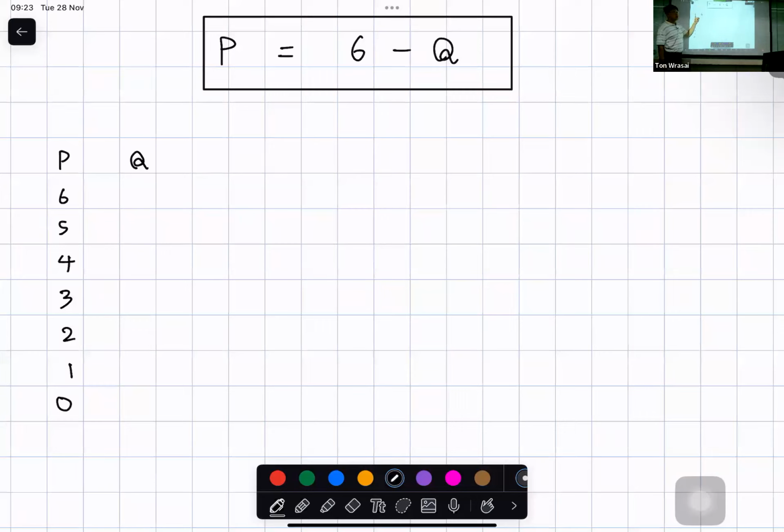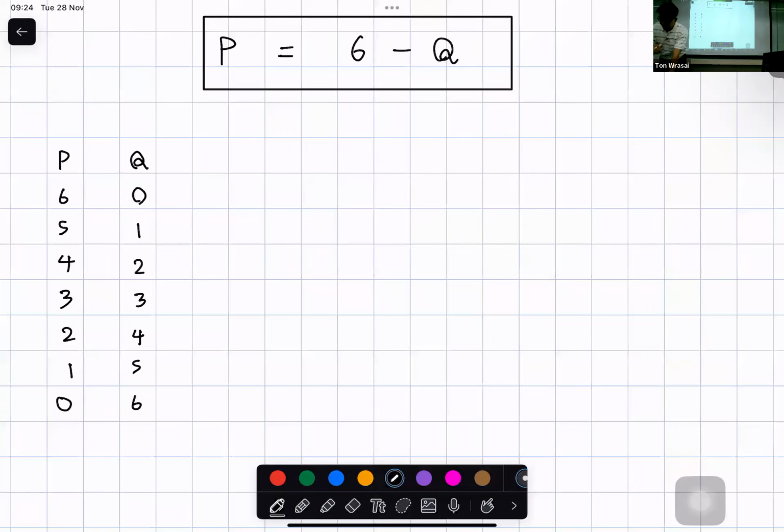If you charge 6, nobody is going to buy, so Q equal to 0. What if you charge 5? So Q would be equal to 1. So we got the corresponding Q by substituting price into this equation, and we see the response Q.